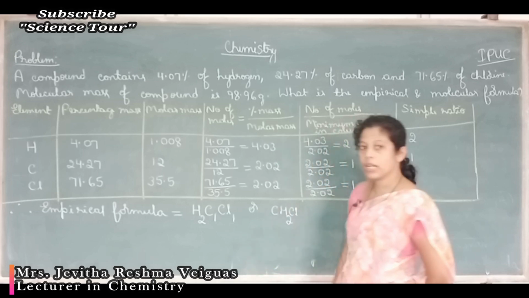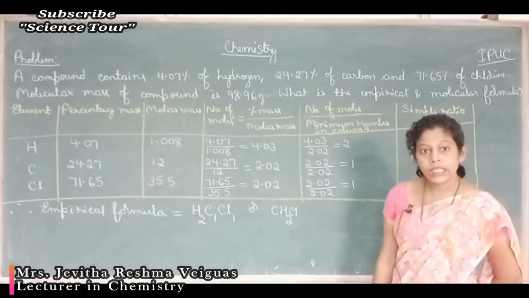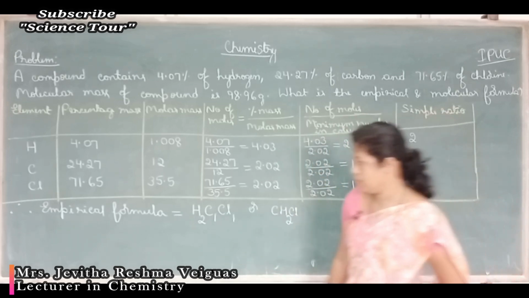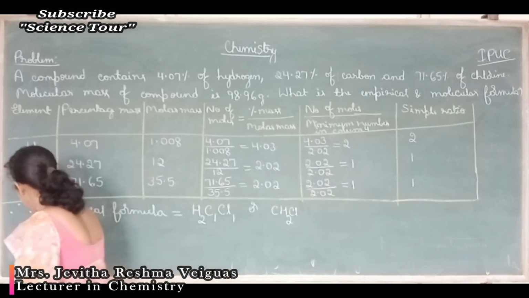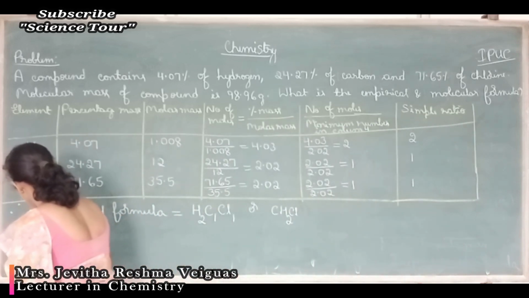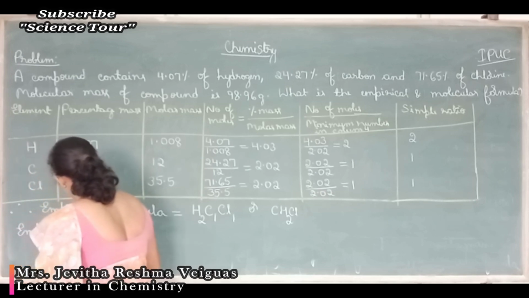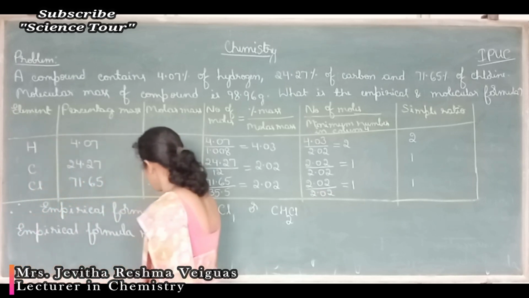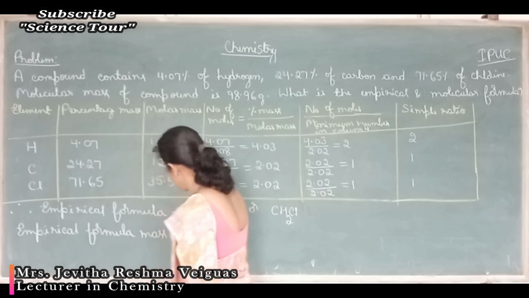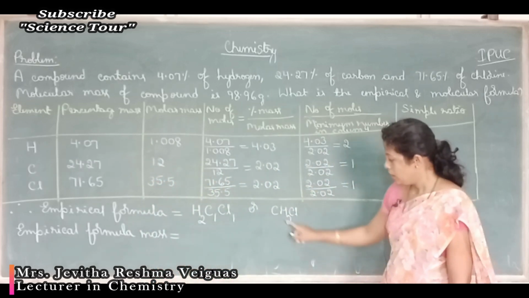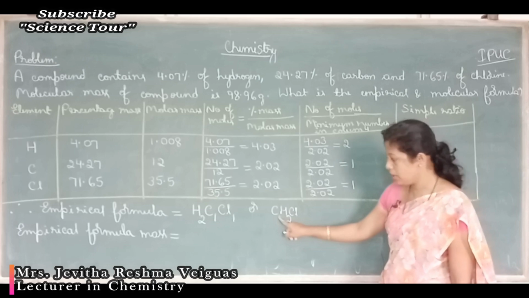Now we know the empirical formula. We can find the empirical formula mass. How to find the empirical formula mass? Refer to the empirical formula. In this, the number of atoms of carbon is 1.